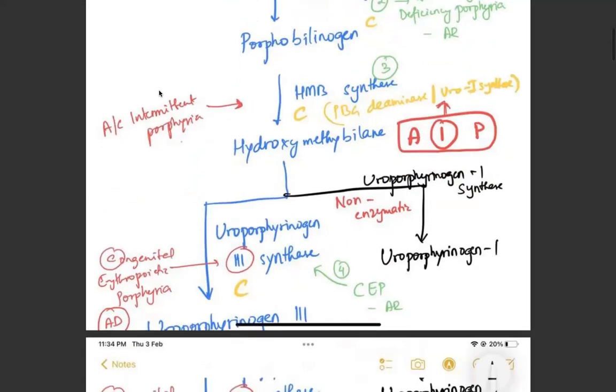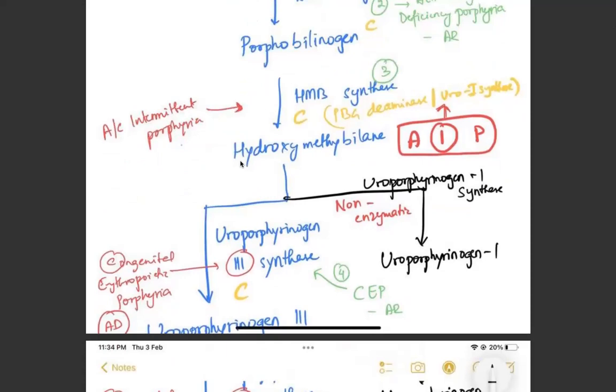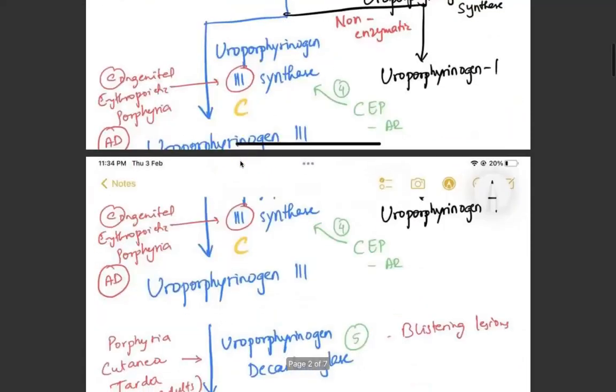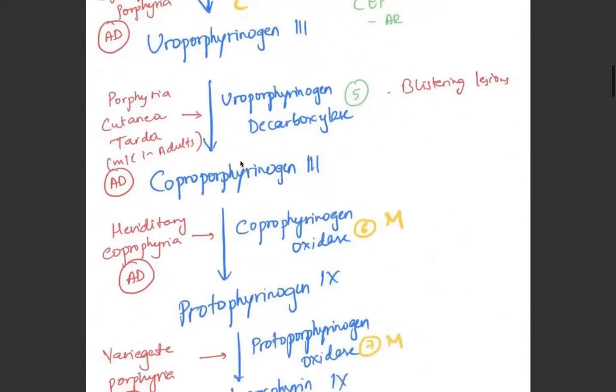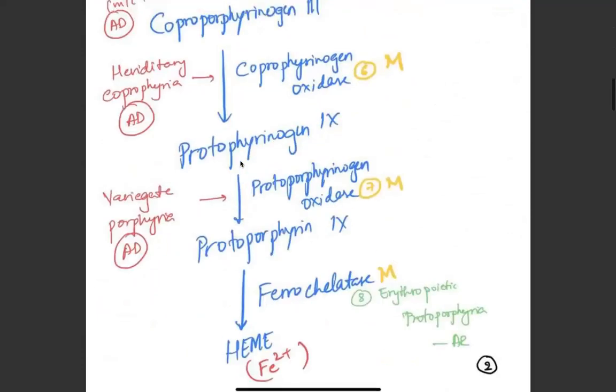However, the main reaction will be that hydroxymethylbilane will get converted into uroporphyrinogen 3, subsequently coproporphyrinogen 3 and protoporphyrinogen 3, later protoporphyrinogen 9, and lastly resulting in eventually formation of heme.